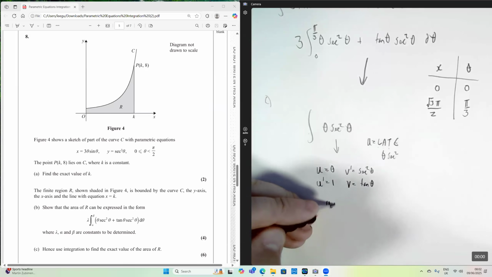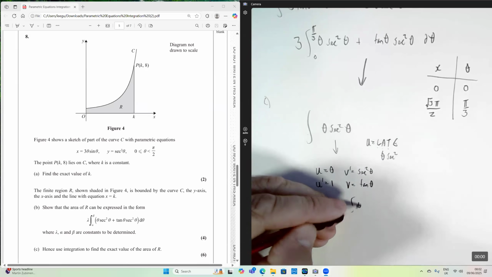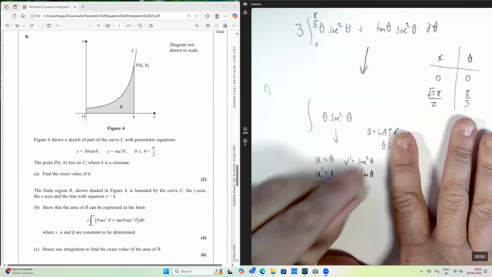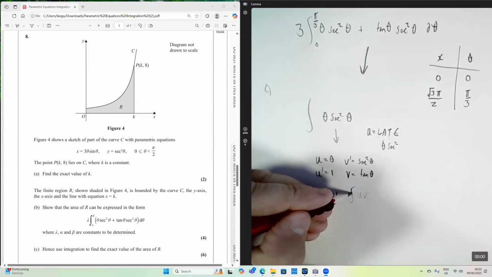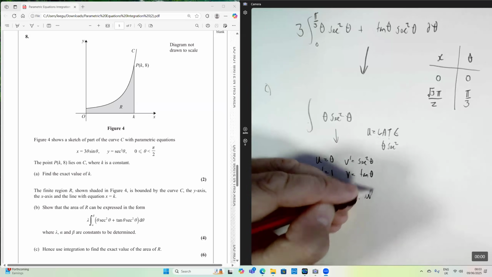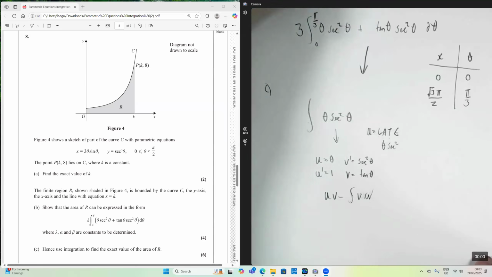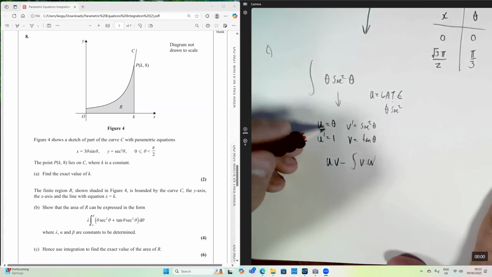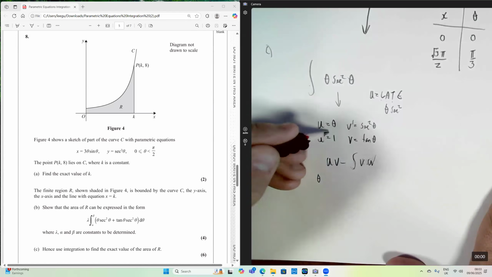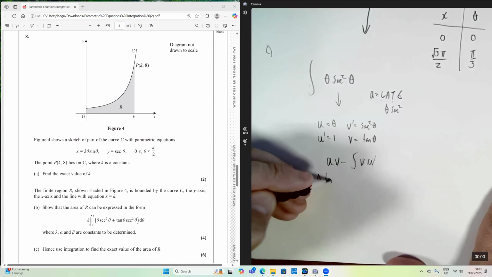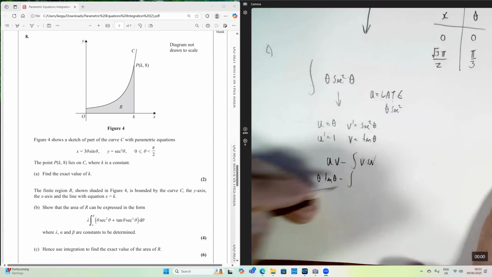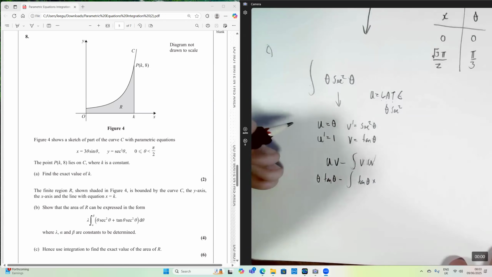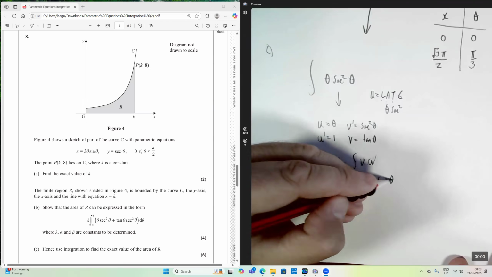So when we substitute into our integration by parts formula, we're going to have u times v minus the integral of v u dashed. Again, we're given that formula in the formula booklet. Our u times v is theta times tan theta, minus the integral of v, which is tan theta, times u dash, which is 1, d theta.